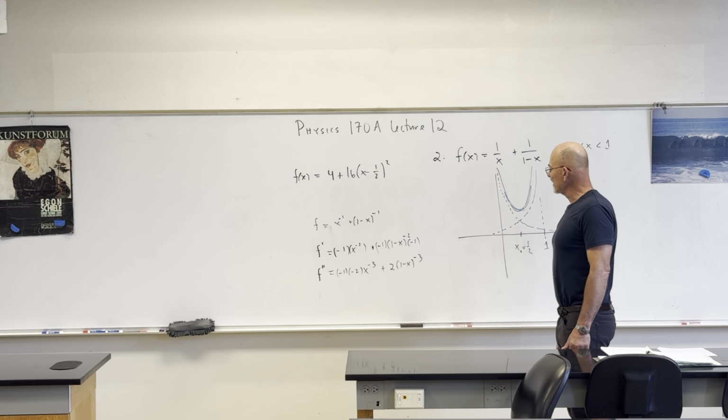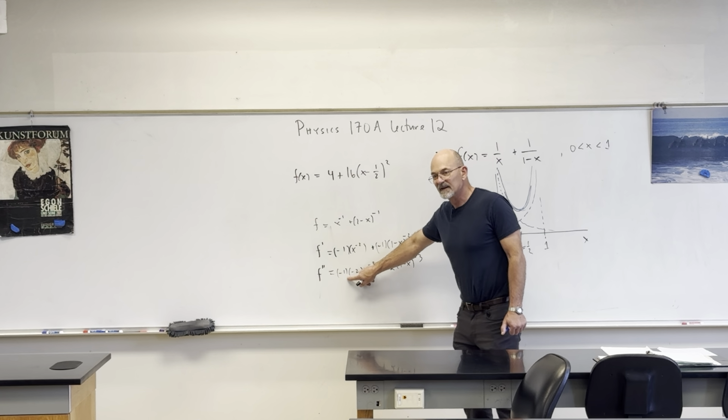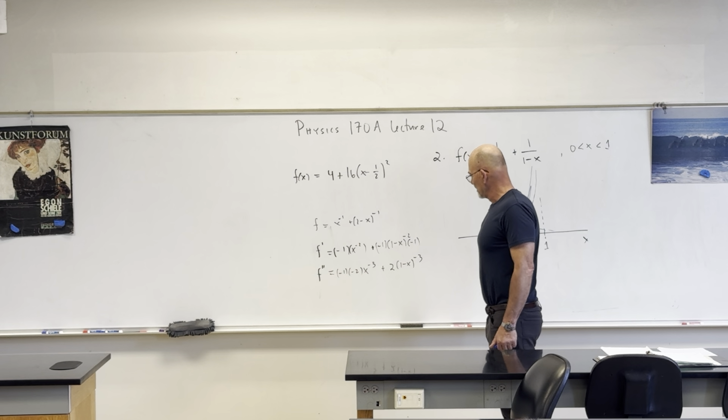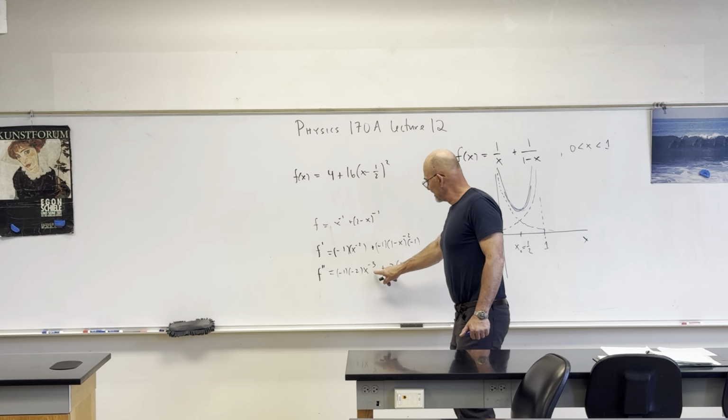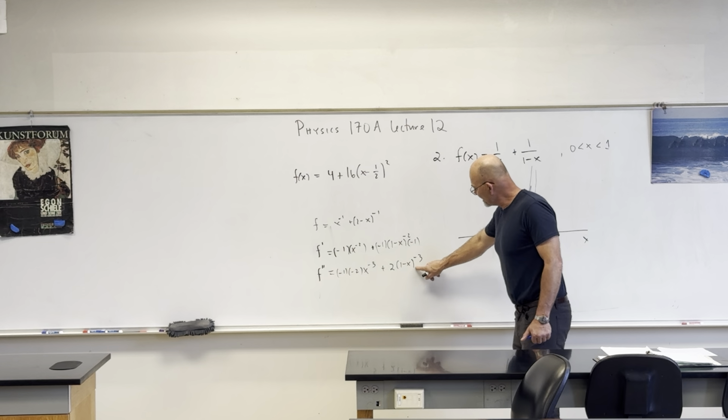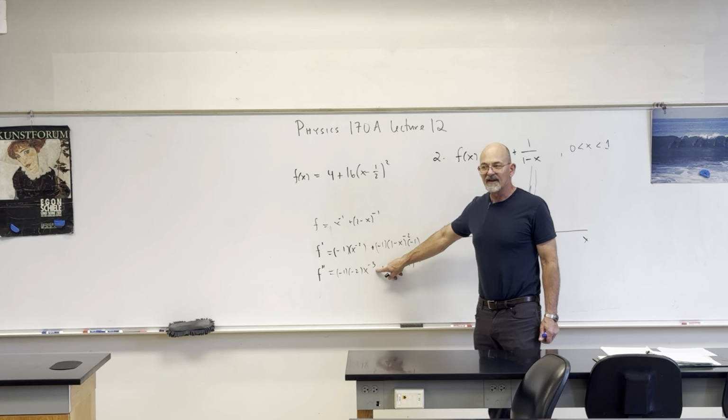So the kth one is going to build up an alternating minus 1 to the something here. And then you're going to get these higher powers, x to the minus 3 and 1 minus x to the minus 3, or x to the minus k, 1 minus x to the minus k.